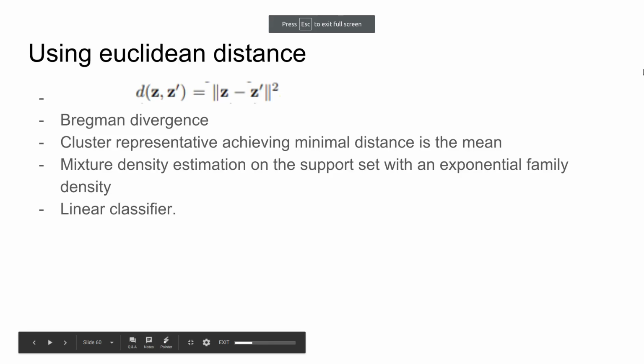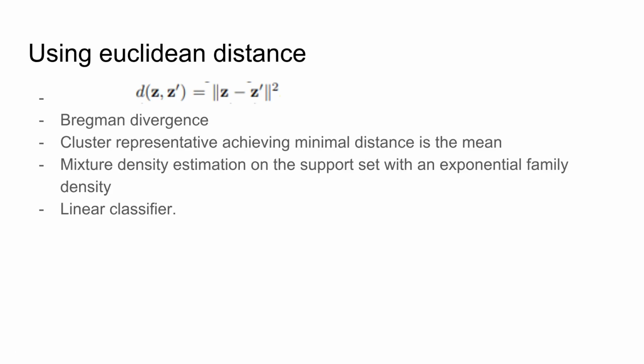In this paper, they talked a lot about why they used Euclidean distance instead of something like cosine similarity. The main thing they said is that it's in the family of Bregman divergence, and this family has some nice properties, like the cluster representative that achieves the minimum distance from all the other points is basically the mean of those points.